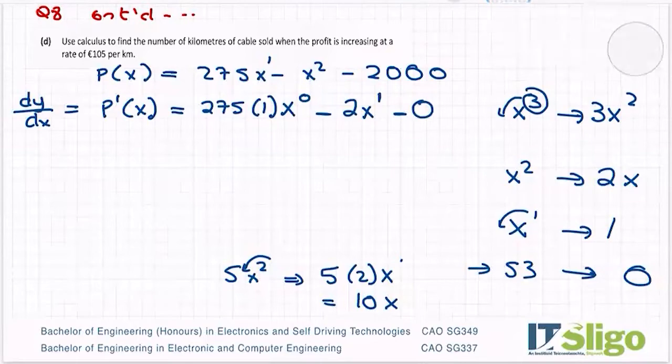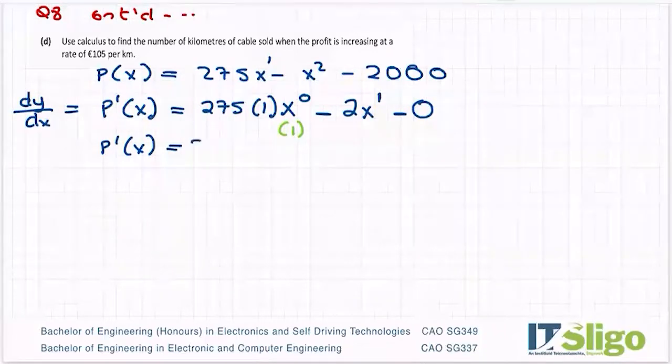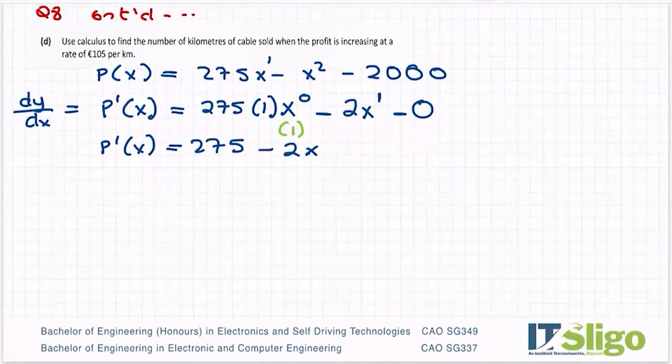Okay, let me rub out all of this now. And then you just tidy it up and you're done. So you end up with p dash x being equal to, always remember x to the power of 0 is 1. It can be very easy to confuse that and put down 0, but it's 1. So you end up with 275 by 1, which is 275, minus 2x to the power of 1 is just minus 2x, and 0 is 0.